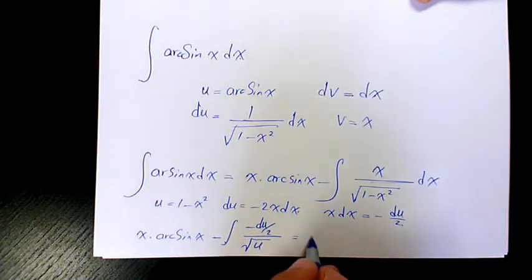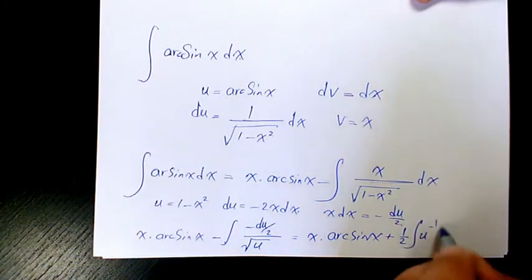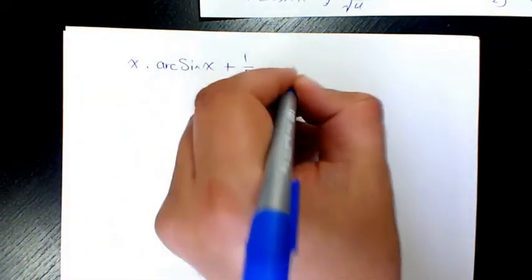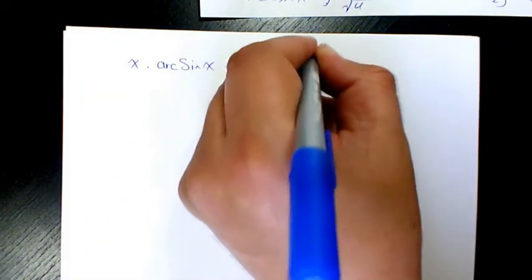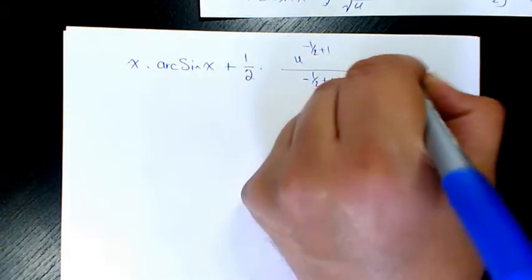That's going to be x arc sine x plus 1 over 2 u to the power of negative 1 over 2 du. And then we have x arc sine x plus 1 over 2 times u to the power of negative 1 over 2 plus 1, over negative 1 over 2 plus 1, plus c.